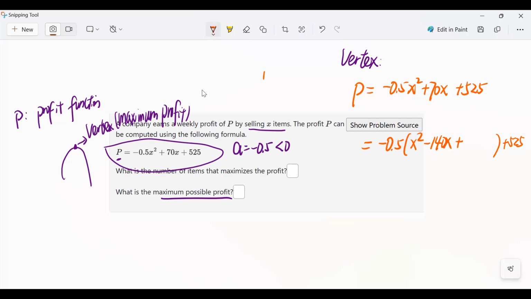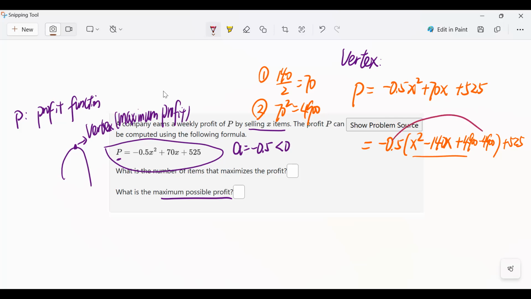So you take 140 divided by 2, get 70, and then square that number. 70 squared is 4,900. That means we're looking at adding 4,900 minus 4,900.